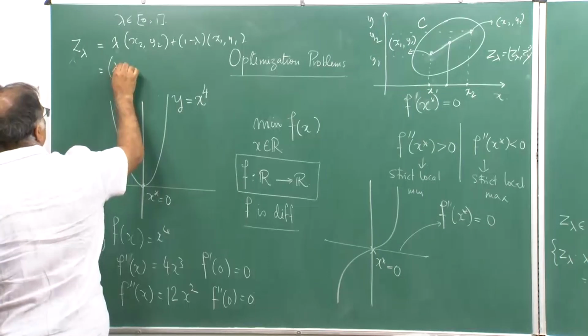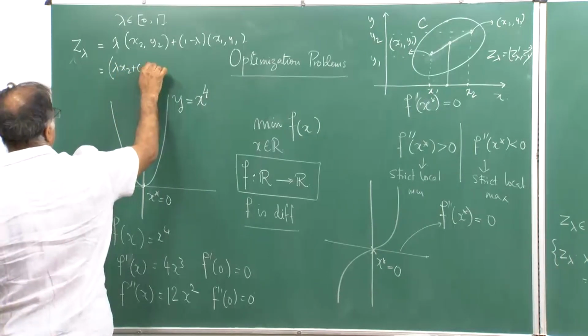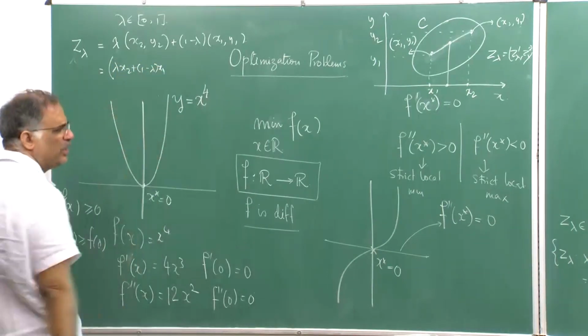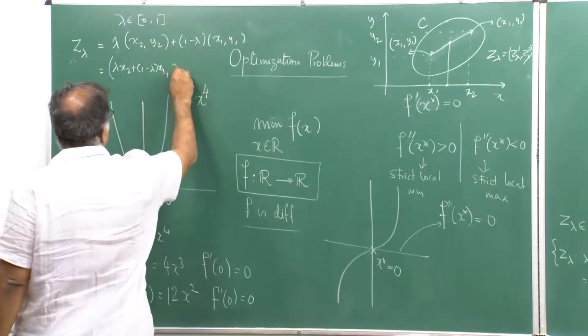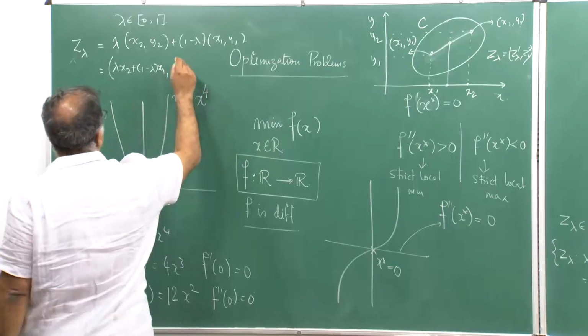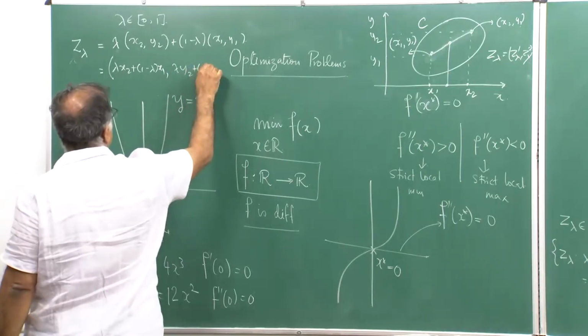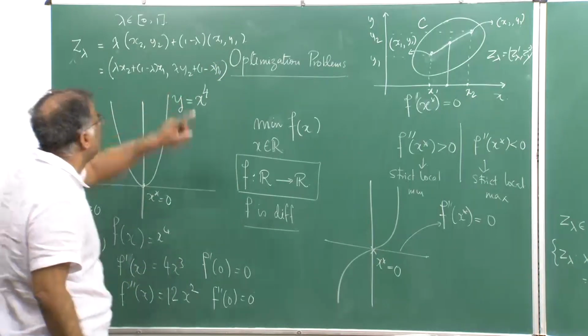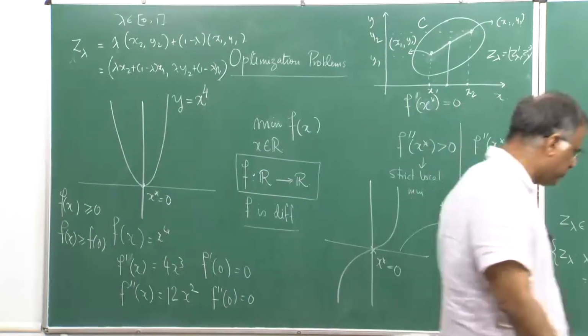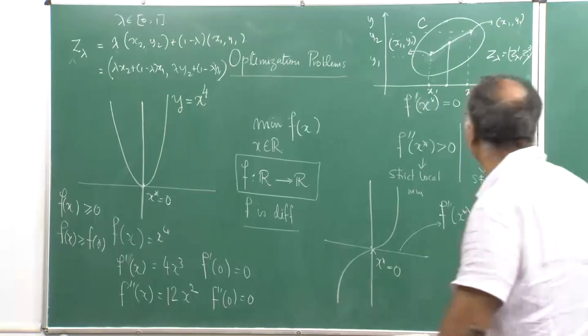So lambda x2 plus 1 minus lambda x1 would be the new coordinate. This is nothing but scalar multiplication of the vector, and lambda y2 plus 1 minus lambda y1. So these are the coordinates of the point z lambda, where lambda is between 0 and 1.